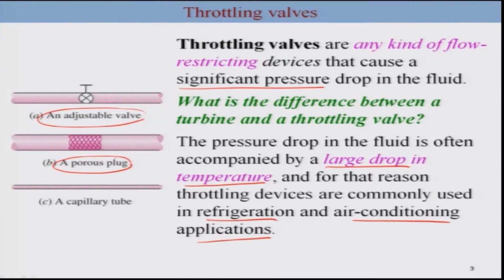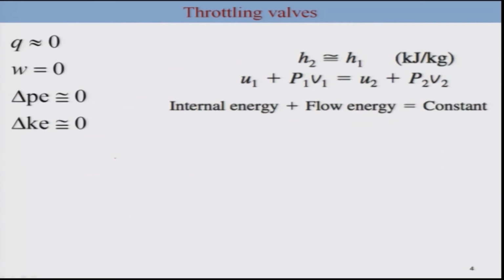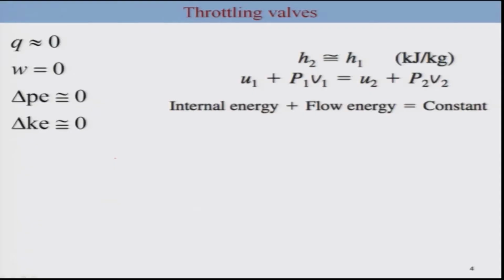So, let us look at how we are going to apply a simple energy balance. The material balance is very obvious, since the mass flow rate should remain constant for steady flow conditions. So, what about the energy balance here? We will consider Q to be 0, because the device is very small, and hence we will consider such a flow adiabatic.